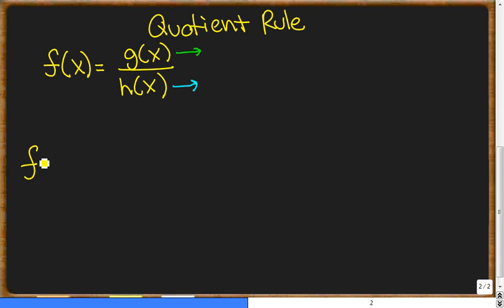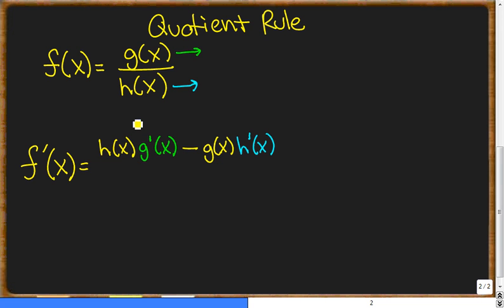The derivative of f of x is going to be h of x times the derivative of g of x, always minus, okay, it's always a minus this time. And then we're going to do the opposite, so it's sort of like the product rule, where this is going to now be g of x times the derivative of h of x, all over h of x squared.